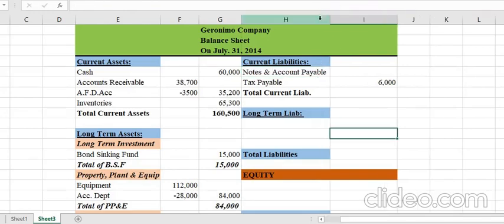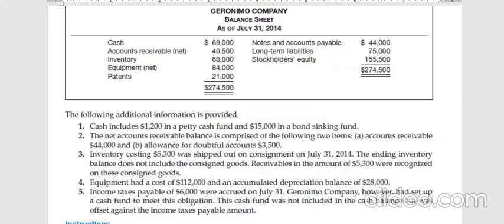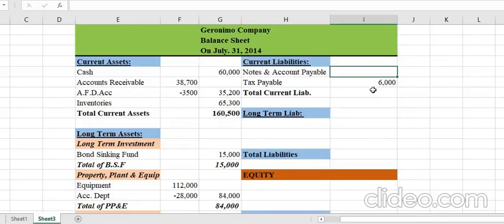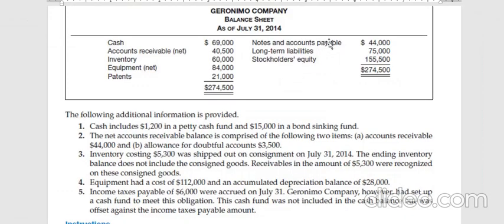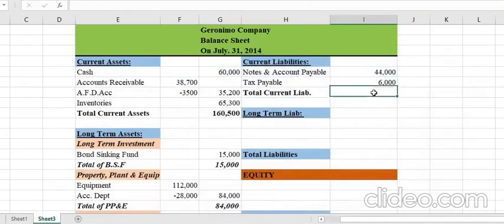What was the value? 44,000, and we do not have any information on notes payable and account payable, so it will remain 44,000 unchanged. And then you do know from where the $6,000 tax liability came. Other than that, we did not have any current liability, so we can find the total of the current liability, which is $50,000.